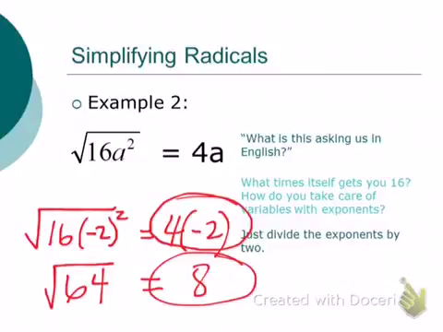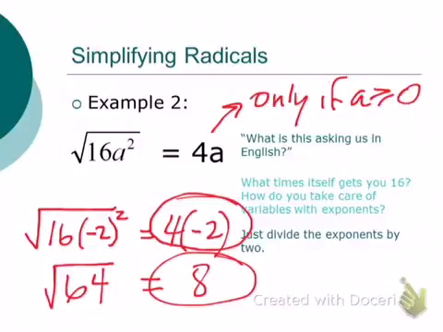Okay? So, the square root of 16a squared is equal to 4a only if a is greater than or equal to 0. Now, here's where I'm kind of gonna let you assume some things. This is going to come into play later when we do the square root property and when we derive the quadratic formula.